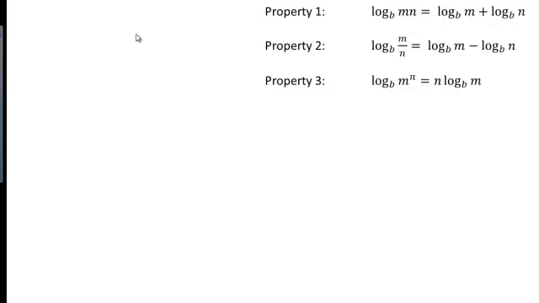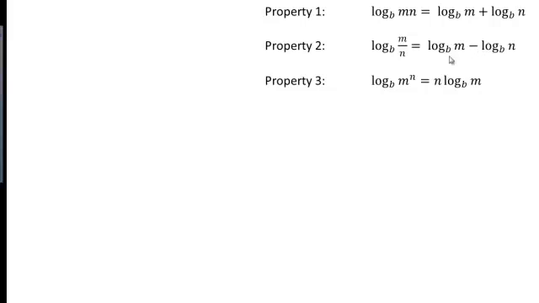So let's review a little bit about expanding and condensing properties. These particular properties basically say that if you have a multiplication, you're allowed to separate it into 2 logs as an addition. If you have a division, you're allowed to separate it as 2 logs as a subtraction. And if you have an exponent, you're allowed to bring this exponent out front and multiply it to the log. You can also go in the reverse direction.